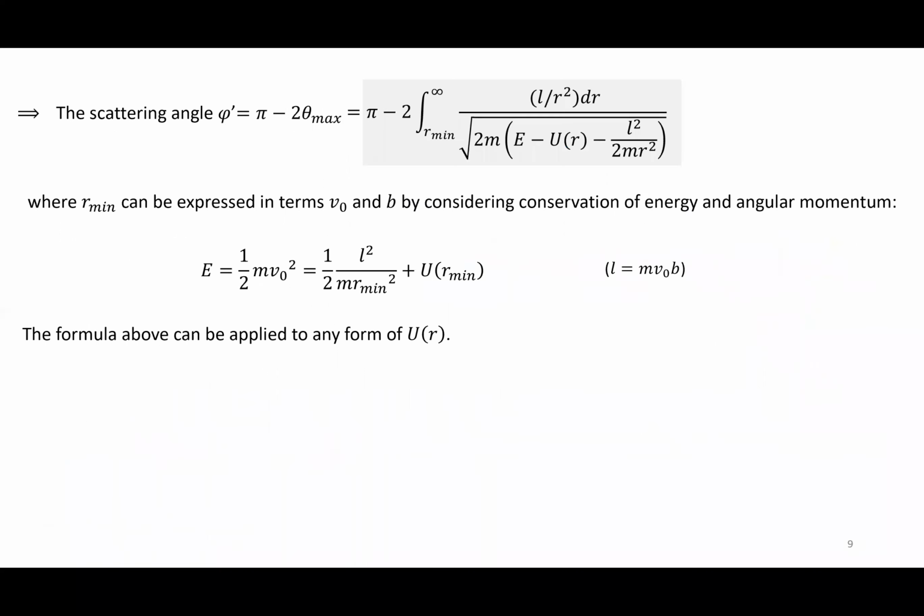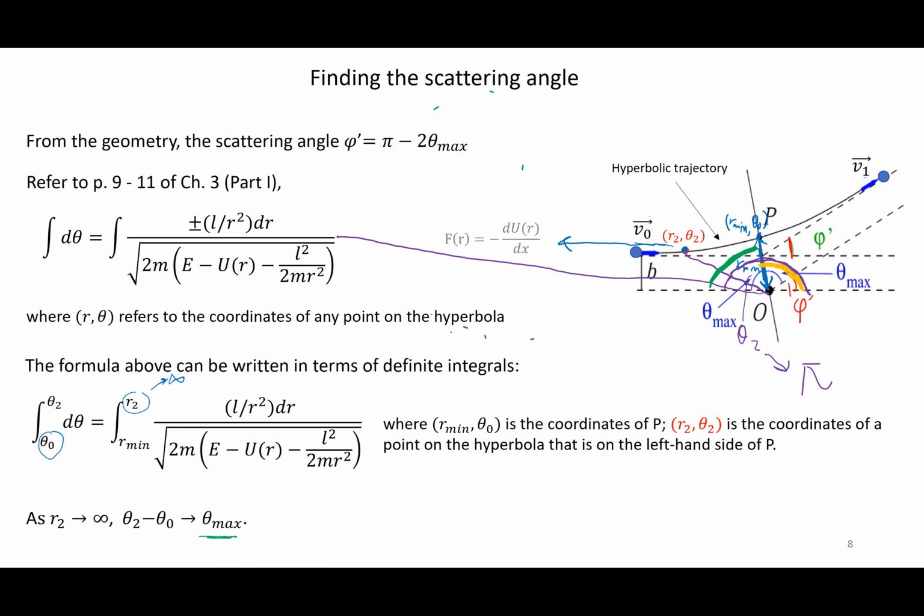So taking this limit, the left-hand side, this one, tends to theta max, as long as you take r2 to go to infinity.